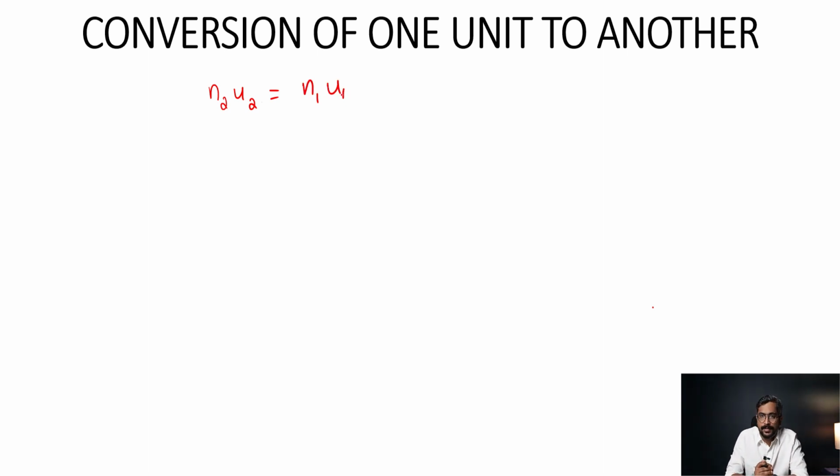From there, if I want to convert one system of unit to another system of unit, I need to find out this number n2. So n2 is equal to n1 u1 by u2. We'll just do one example with some mathematical equations, then we'll understand it more clearly.